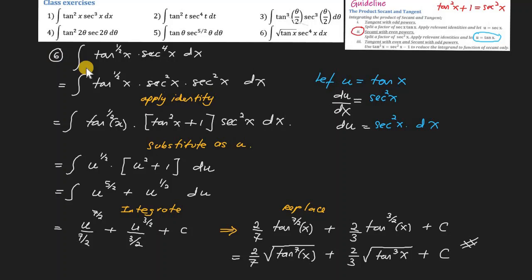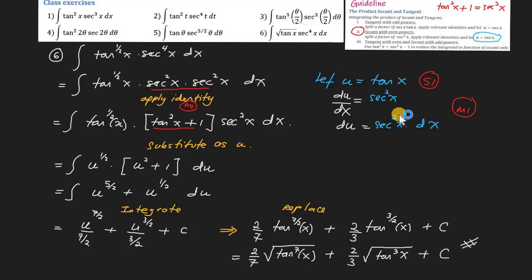Okay, for the last question, number 6, we are supposed to split, and then apply the relevant identity, this part. And to use a simple u substitution, setting u to be tangent as one statement.